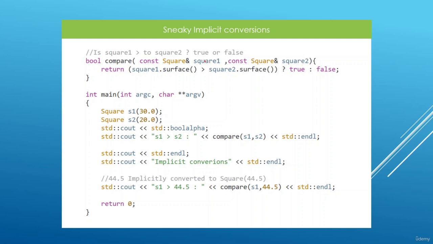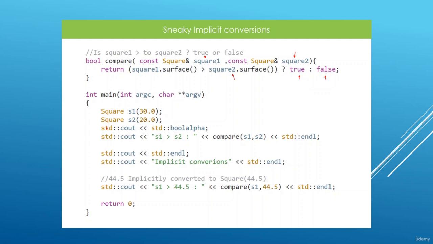So what we have in the first position here is going to be compared to what we have in position 2 here. And in the body, what we're going to say is ask if the surface of square 1 is greater than the surface of square 2 here. If that's true, we're going to return true. If it's not true, we're going to return false. This is what the function here is doing.